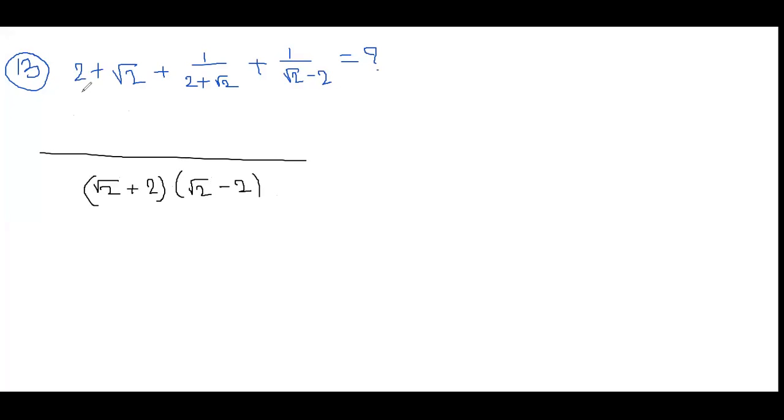Here, nothing is there, so you can consider these two terms as 1. So the LCM is 2 root 2 into root 2 minus 1. Both the terms are the same, so can I write here root 2 plus 2 whole square into root 2 minus 2?